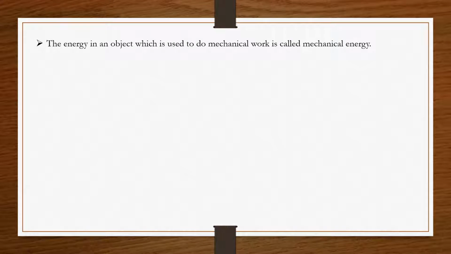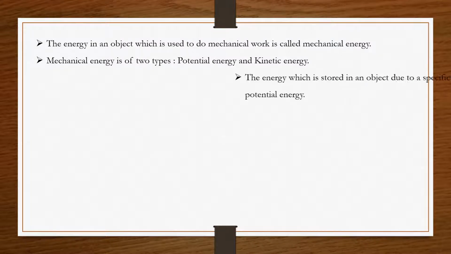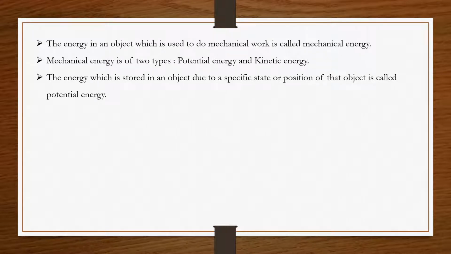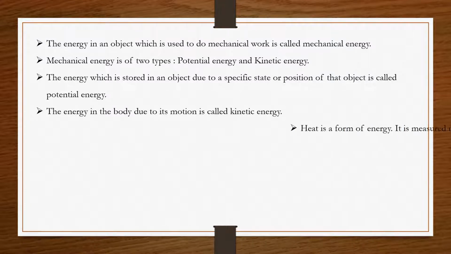The energy in an object which is used to do mechanical work is called mechanical energy. And mechanical energy is of two types, that is, potential energy and kinetic energy. The energy which is stored in an object due to a specific state or position of that object is called potential energy, and the energy in the body due to its motion is called kinetic energy.